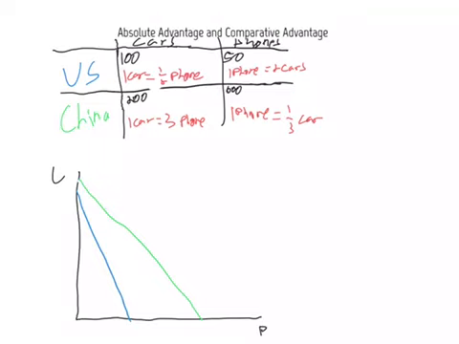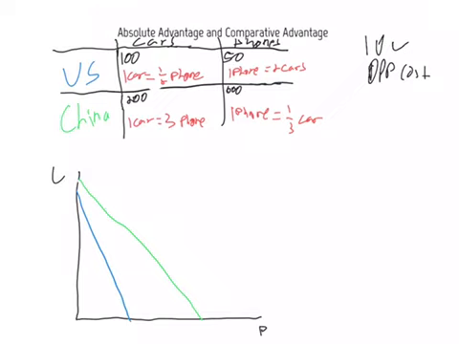Alright, so in this example, we're going to be talking about absolute advantage and comparative advantage. Comparative advantage is the lowest opportunity cost. So in this example, the US makes 100 cars and 50 phones. China makes 200 cars and 600 phones.